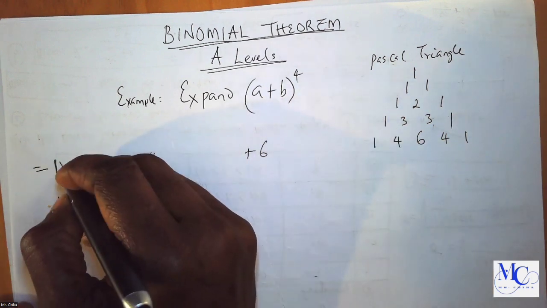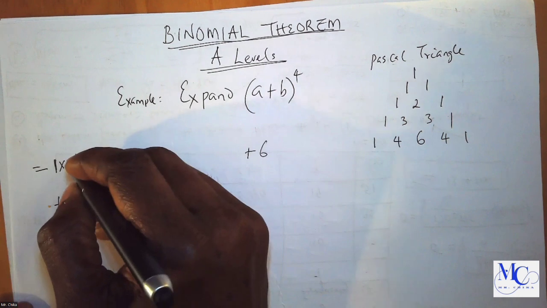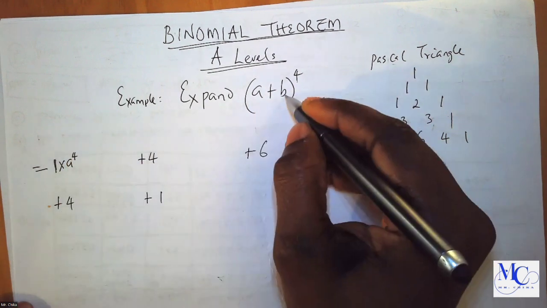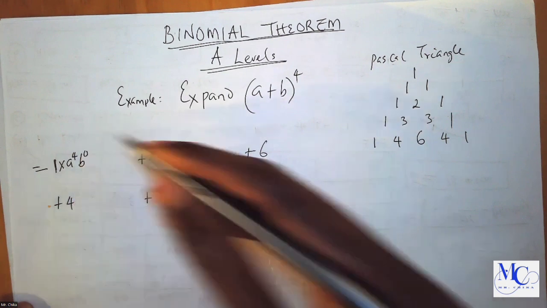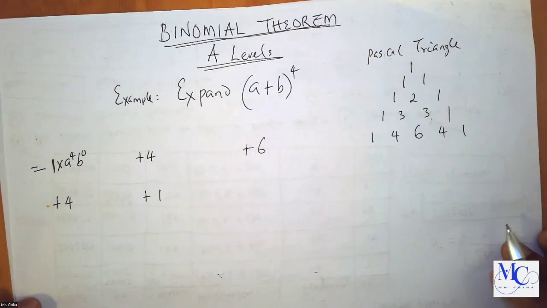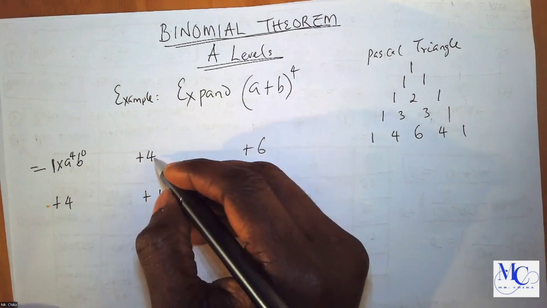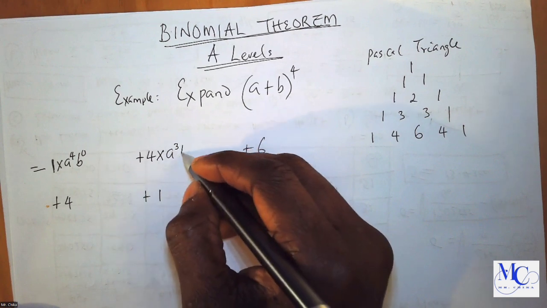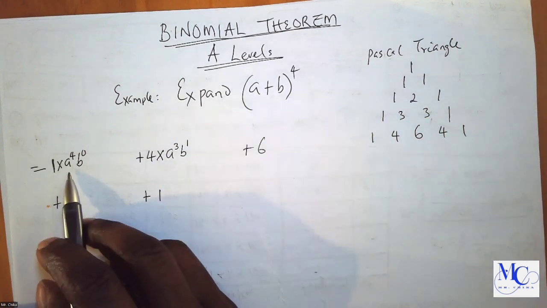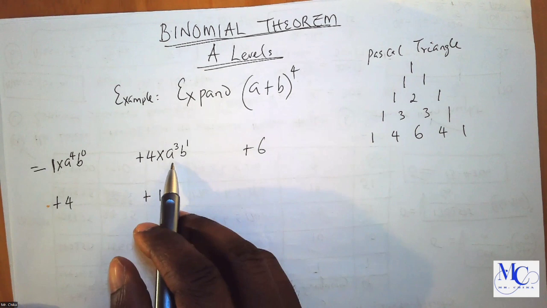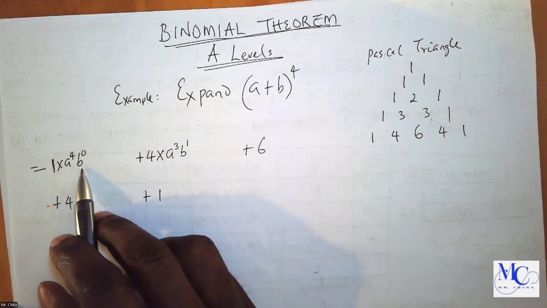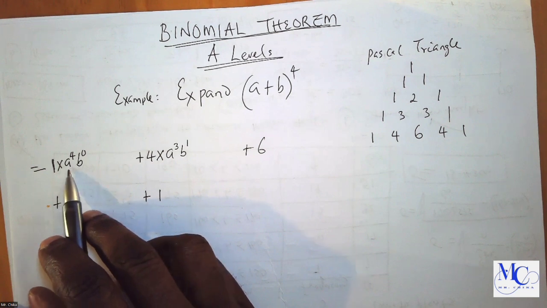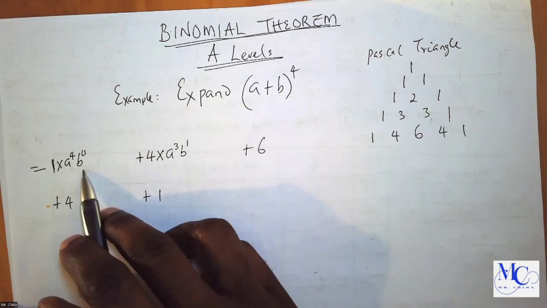I will start with a to the power of 4 and b to the power of 0. The next bit will be a to the power of 3 times b to the power of 1. You can see the power of the a variable starts decreasing, whereas the power of its b counterpart increases.